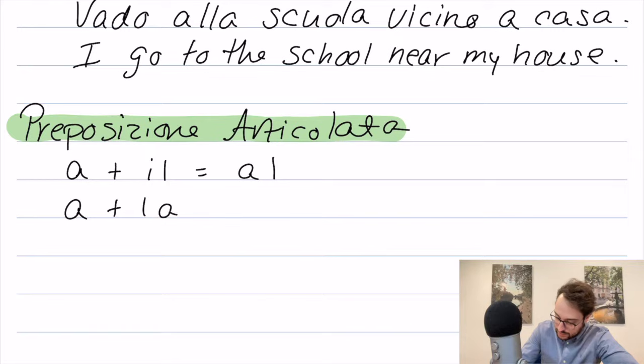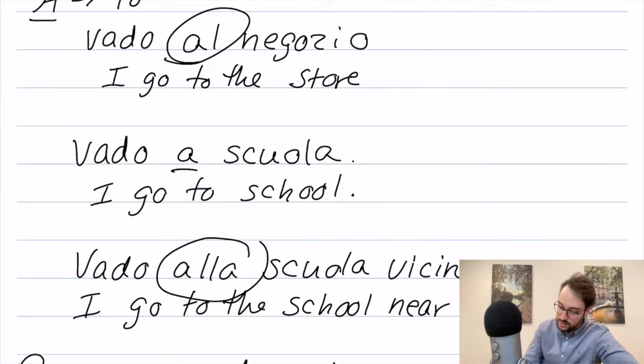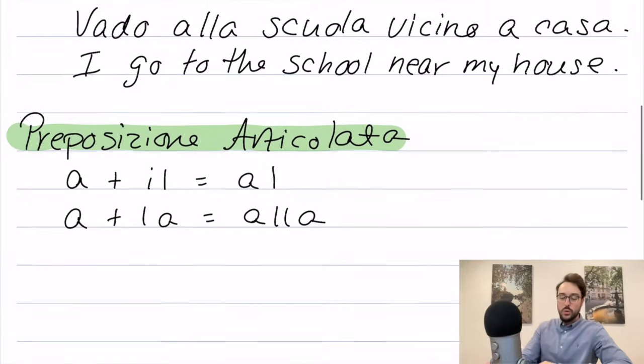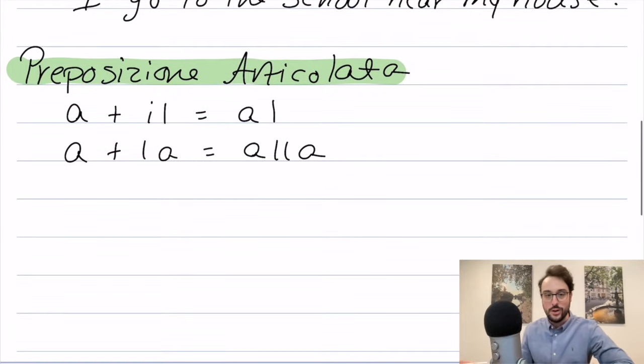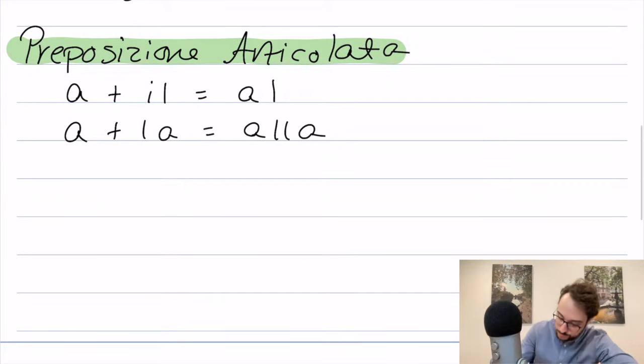A plus la is alla. Just like al negozio that we said here, alla scuola that we said here. Because before a noun, we always need the definite article. Il negozio, la scuola, unless it's that general concept like house or school. There's only a few of those. It's like house, school, perhaps work can also have it.